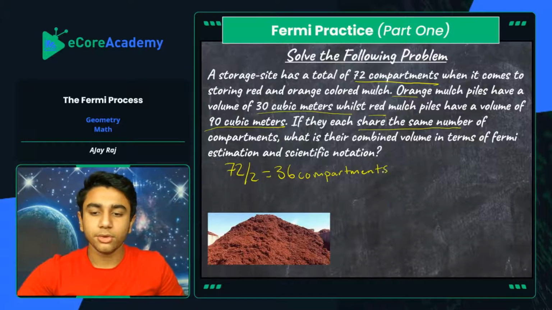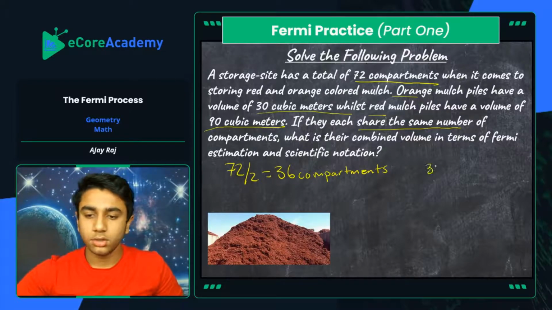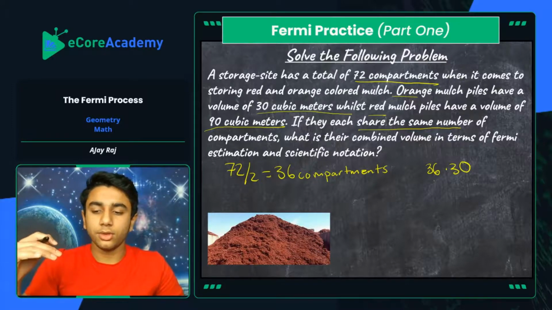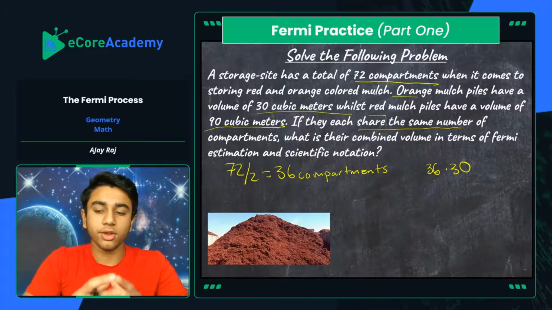Then we're going to multiply our 36 by our given 30. This is exactly where I'm going to calculate this out for you right now, just because I want you guys to get used to it. But most people, when they hear Fermi process values, can merely estimate as given. So 36 would be estimated to 3 times 10 to the first, and 30 would be 3 times 10 to the first as well.